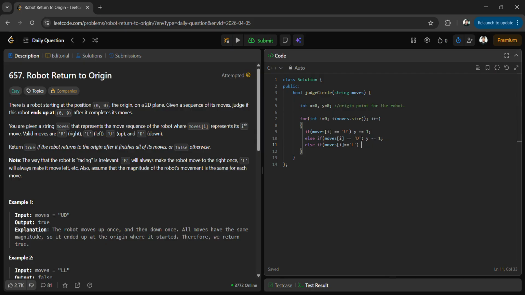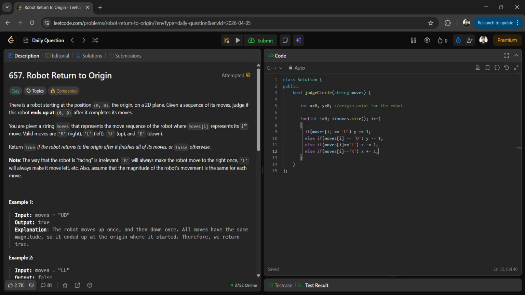So x minus equal to 1, decrementing by one location. Else if moves of i is equal to R, we do x plus equal to 1, moving right along the x coordinate.